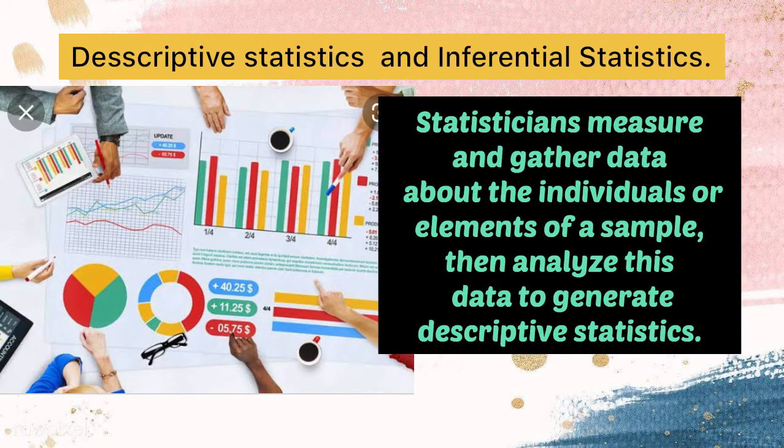Inferential statistics and descriptive statistics are used by the statistician to measure and gather data about the individuals or elements of a sample, then analyze this data to generate descriptive analysis or statistics.